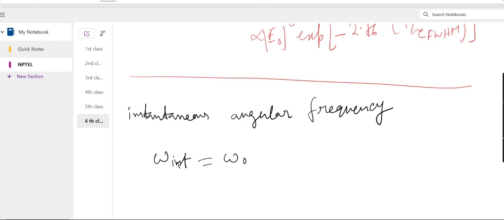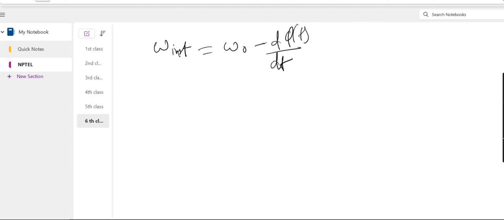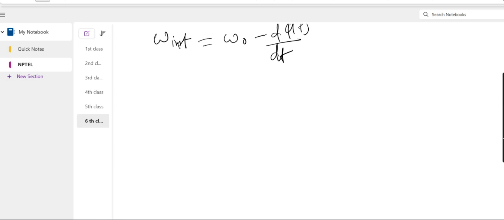That is basically omega naught minus d phi by dt, where phi is a function of t. This is angular frequency.